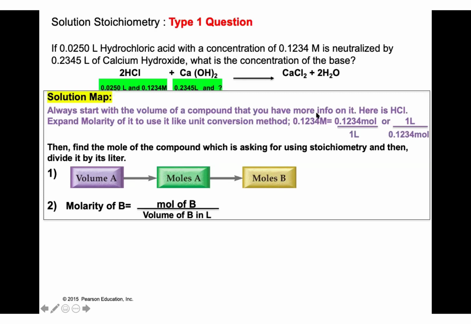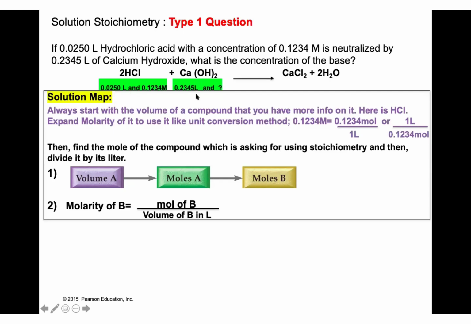What does it mean? Let's go back to the abbreviated one. Which of these, HCl or Ca(OH)2, do I have more information on? Of course, HCl. On HCl, I have a volume and molarity, right? I have more information.